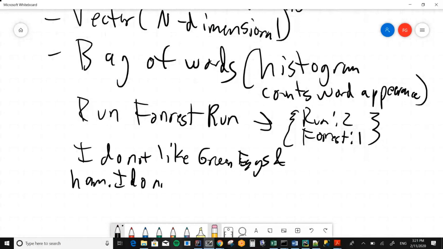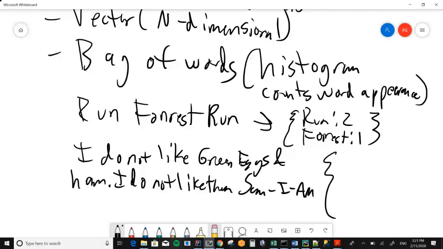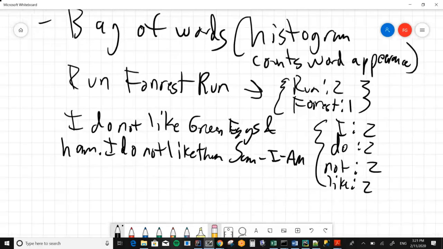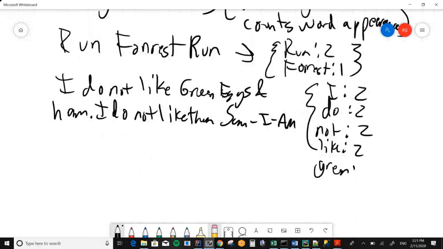I do not like them, Sam, I am. So this is going to have a somewhat larger bag of words, right? So we have I is 2, do is 2, not is 2, like is 2. But then, as you keep going, green is just 1, eggs is just 1, and so forth.